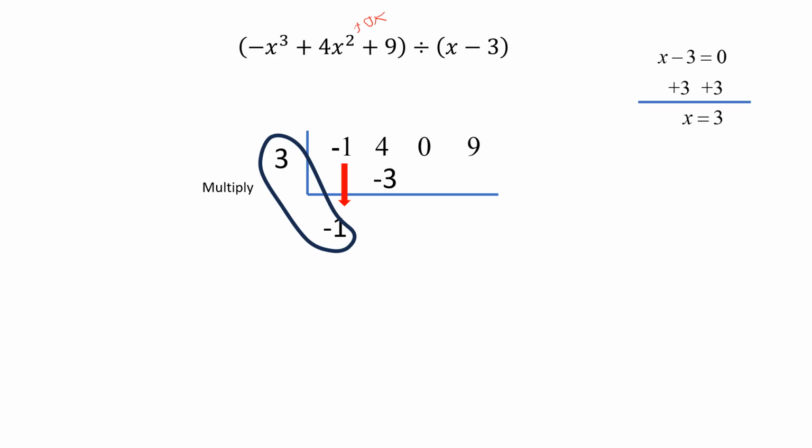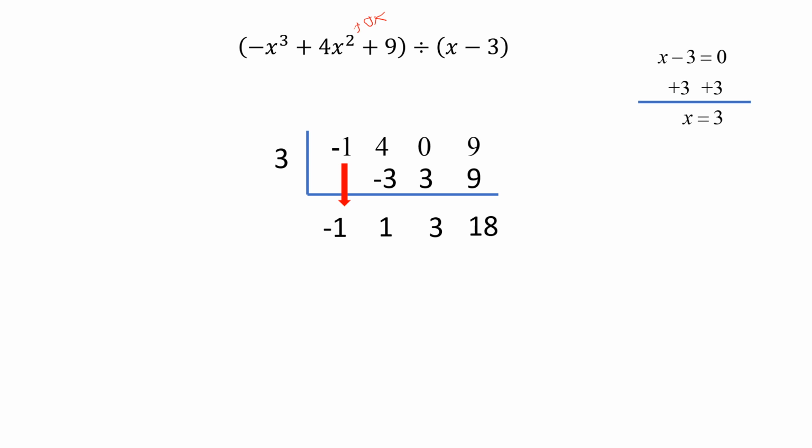I'm going to put that under the 4, and then add. So 4 plus -3 is 1. Now I'm just going to continue multiplying and adding until I'm at the end. I multiply 3 times 1 to get 3, and add 0 and 3 to get 3. I multiply my outside numbers, 3 times 3 to get 9, and add 9 plus 9 is 18.